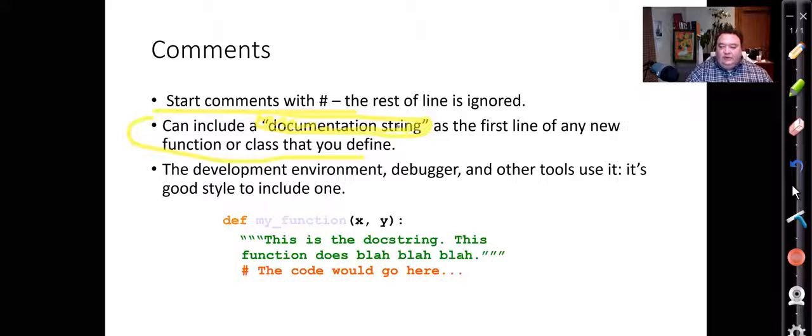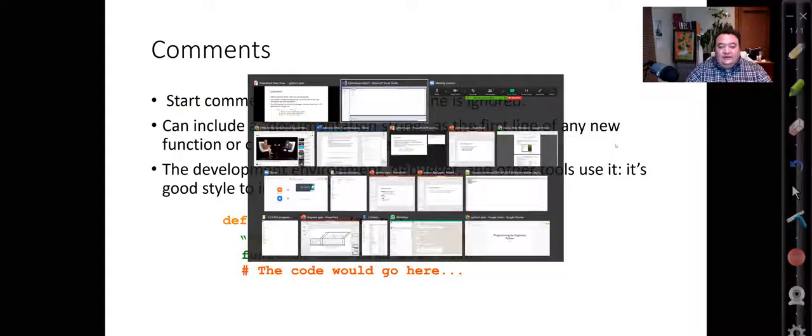It's a simple way to create documentation without having a system that is too complicated. So here, if I have a function and then I use this triple quote, three times the double quote character, and then I close it the same way, immediately after the definition, this is considered the documentation of the function. So let me show you what that means in practice.